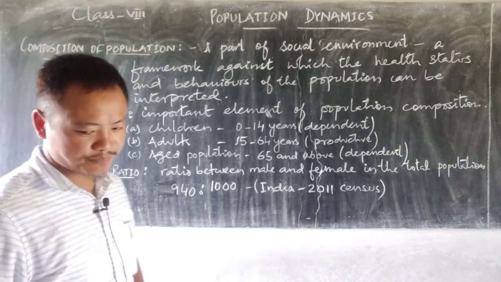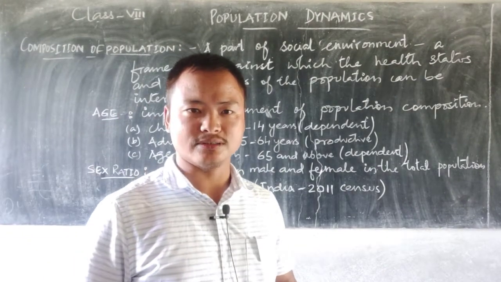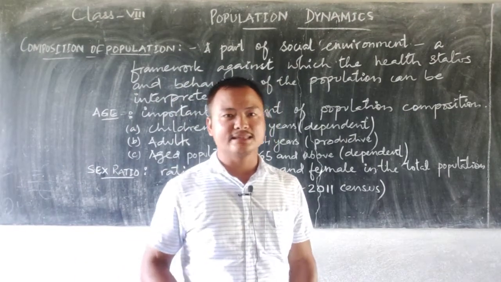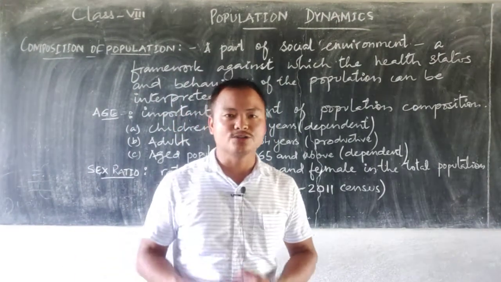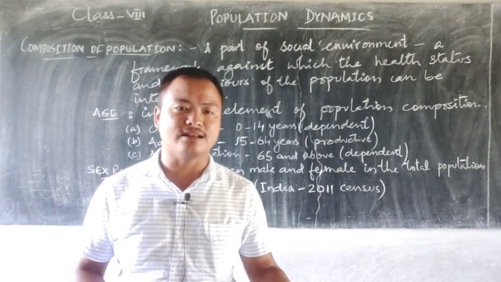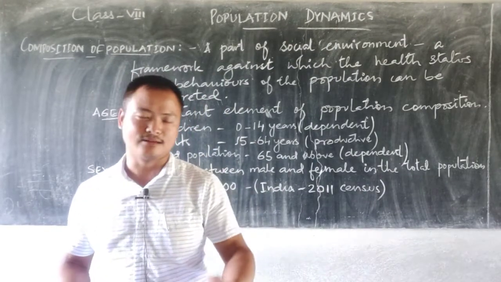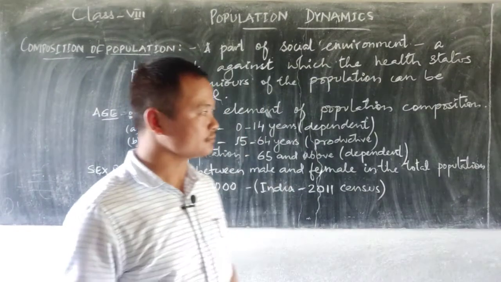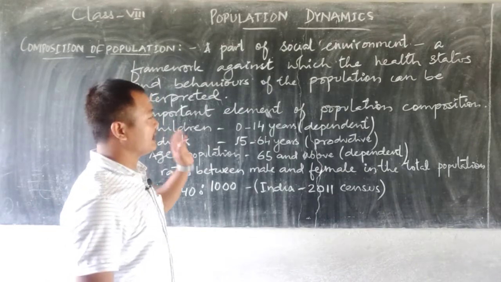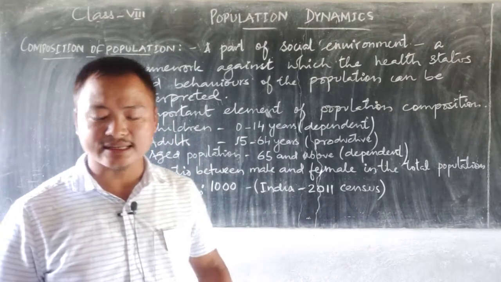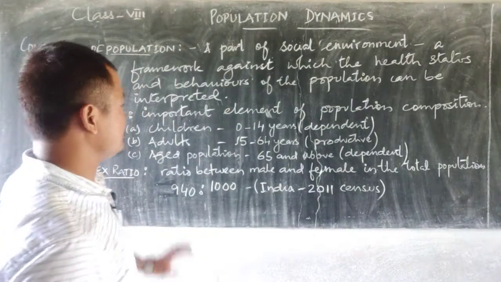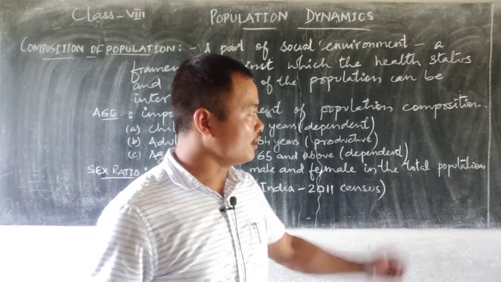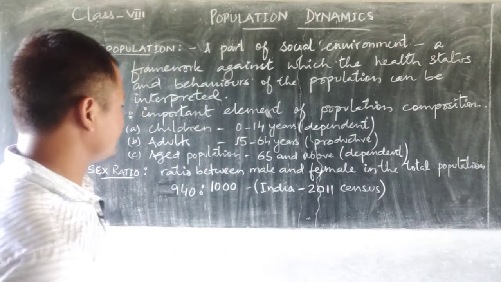In other words, composition makes it easier to understand the number of male and female populations, and the age groups within each sex, that is, the gender group. So the important elements in discussing the composition of population are age, sex ratio, population pyramid, rural-urban divide, and literacy level.